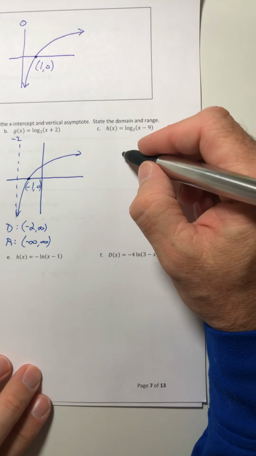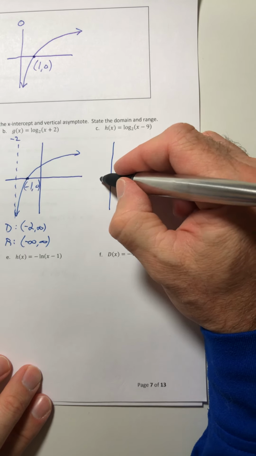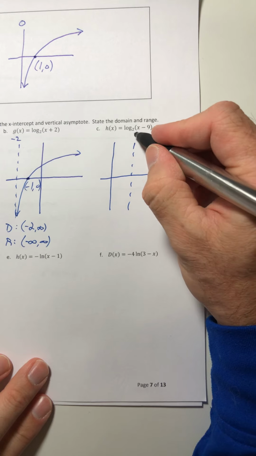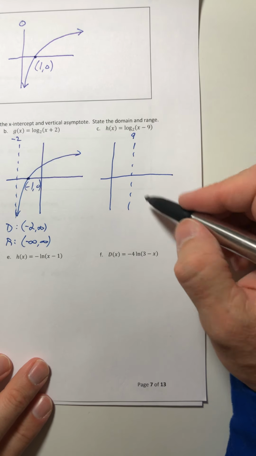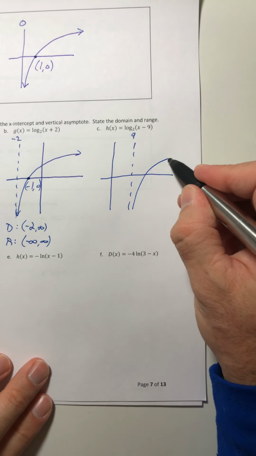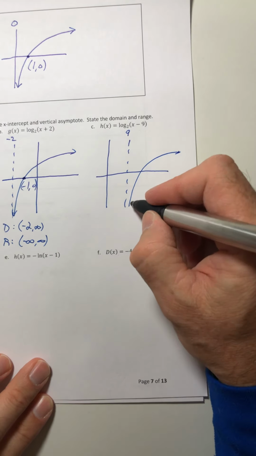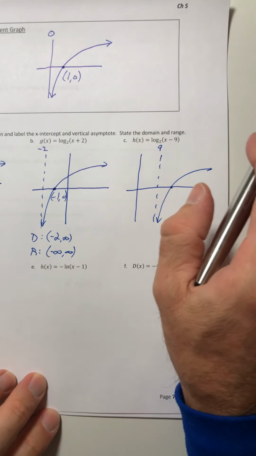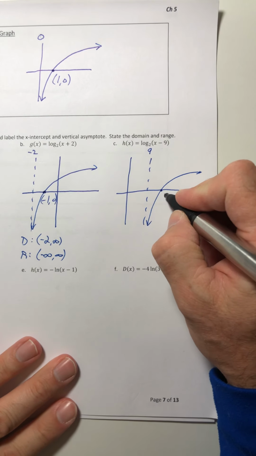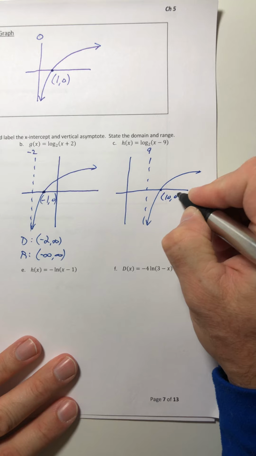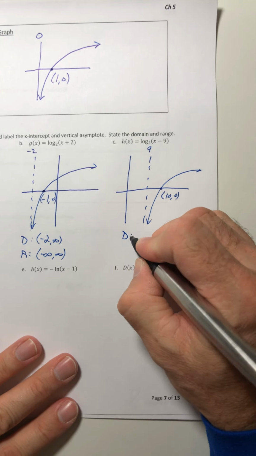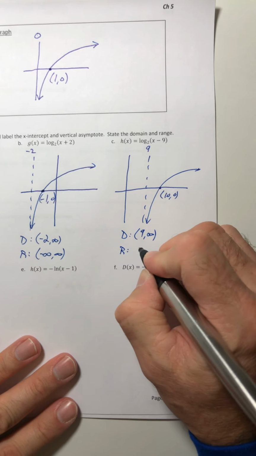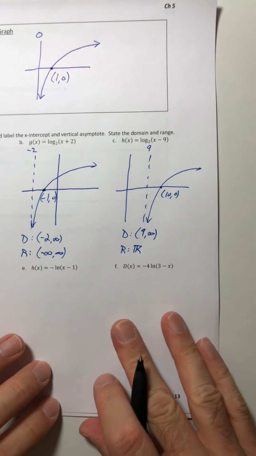That's a 9. So everything is getting slid over by 9. And again, don't make these to scale. So if you move the 1 over by 9 spots, it's now sitting on 10. So the domain is 9 to infinity, and the range, reals.